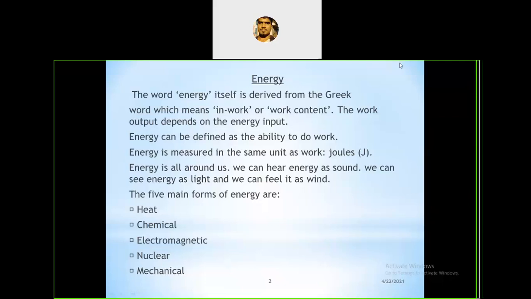The systematic study of the various forms of energy and energy transformation is called energy science. So far, we majorly depend on fossil fuels as the main fuels for thermal energy. But fossil fuels are depleting day by day, they are exhausting.